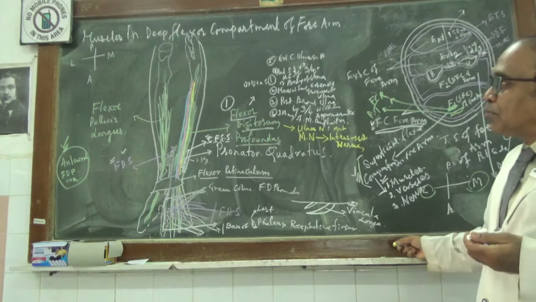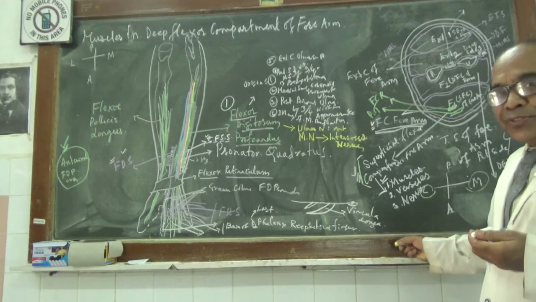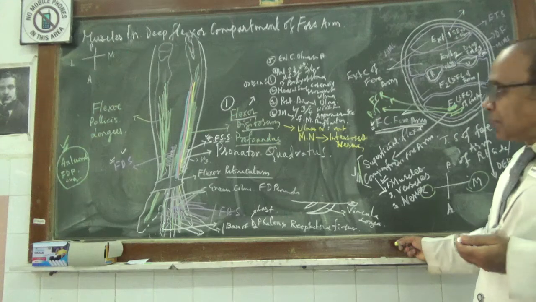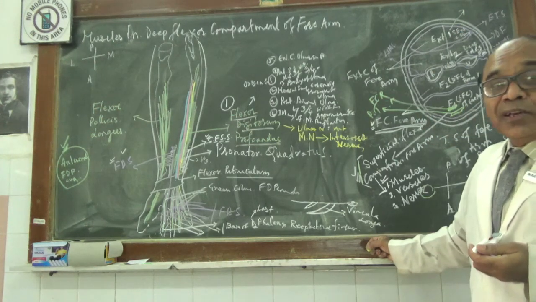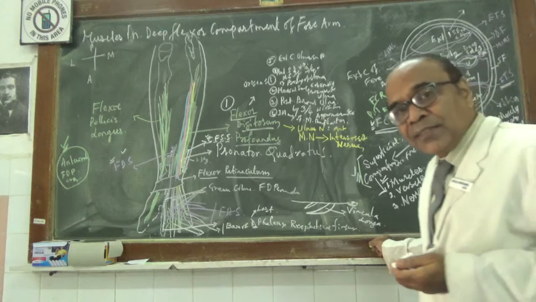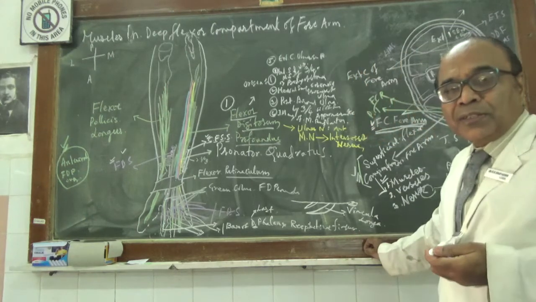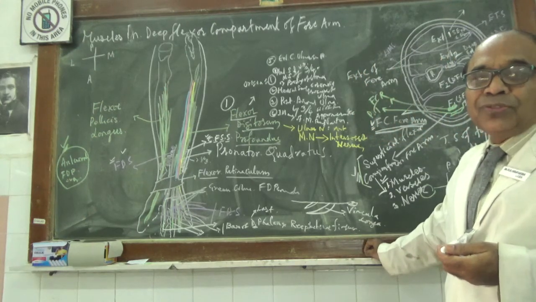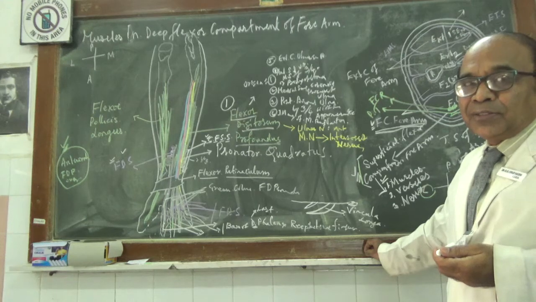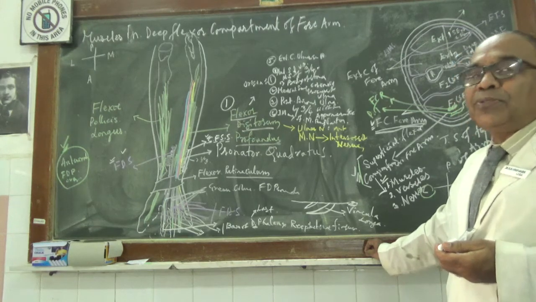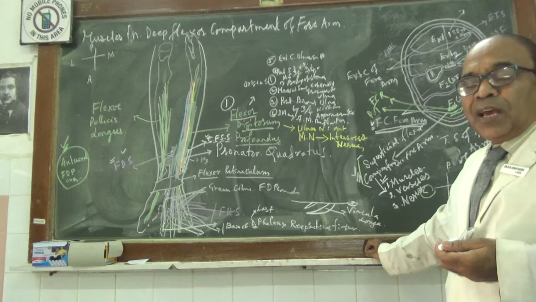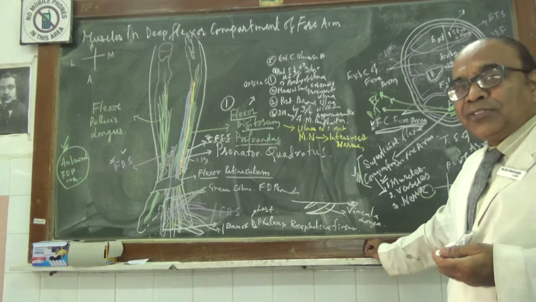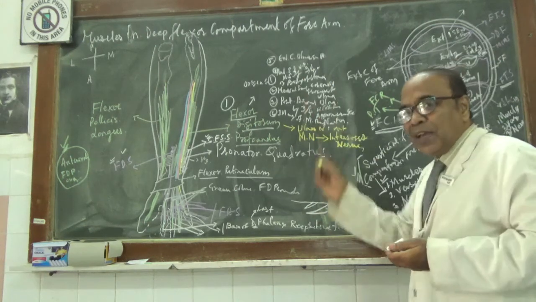As this muscle has nerve supply from two sources, it may be called a mixed muscle or hybrid muscle. Like that, there is another hybrid muscle in the arm, which is the brachialis, because it is supplied by the musculocutaneous nerve and also by an additional filament of the radial nerve in the arm.